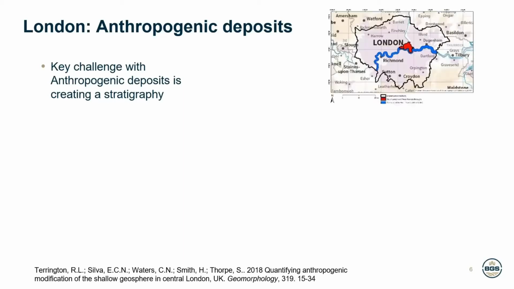However, so this is the City of London. This is the study that we're talking about here, conducted by colleagues. I wasn't involved in this study. The paper is at the bottom there. Absolutely recommend you read it. It focuses on the very center of the City of London.